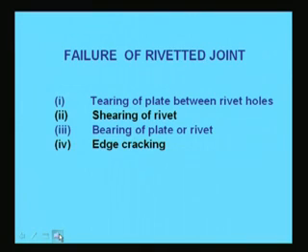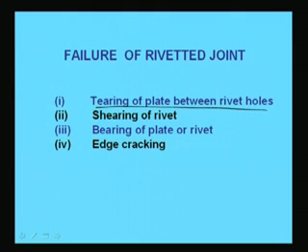All these things we have to know, and then accordingly we can find out the strength. So first we will see how failure happens, and accordingly we will calculate the strength of the rivet. First is tearing of plate between rivet holes.